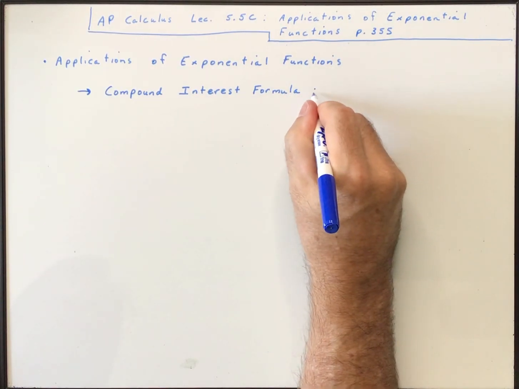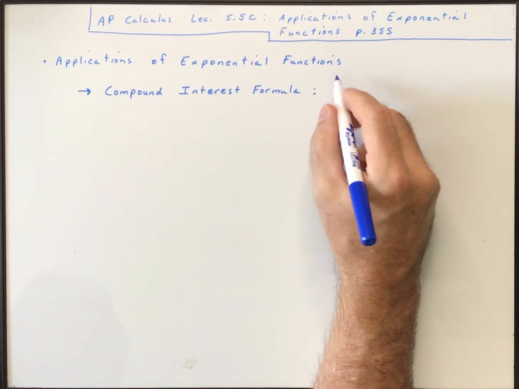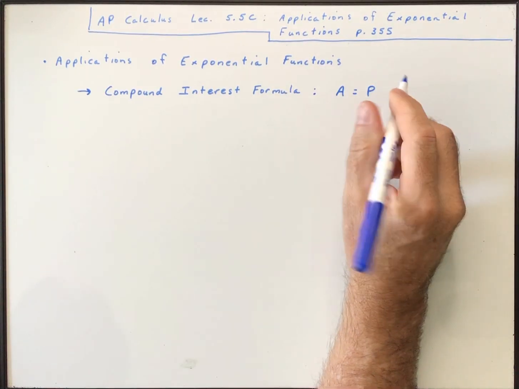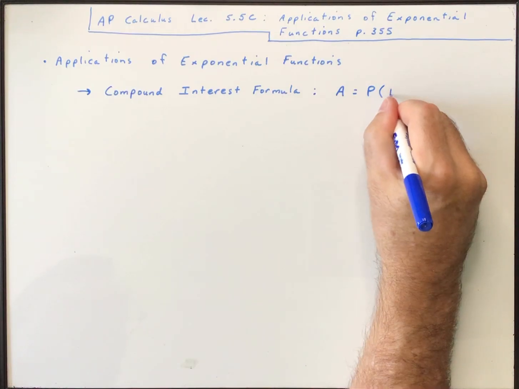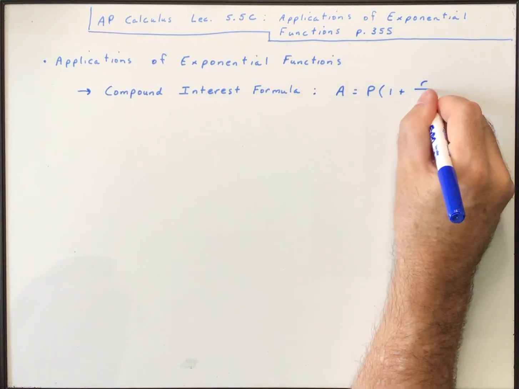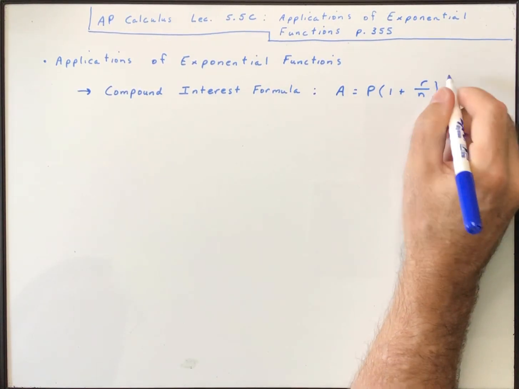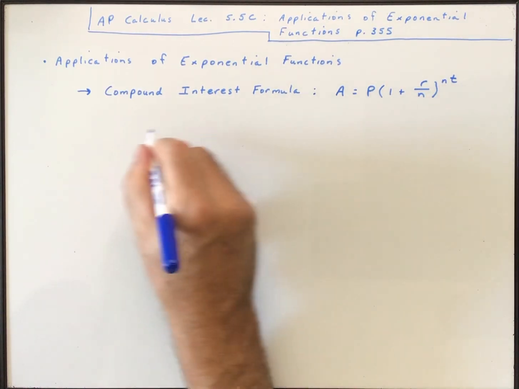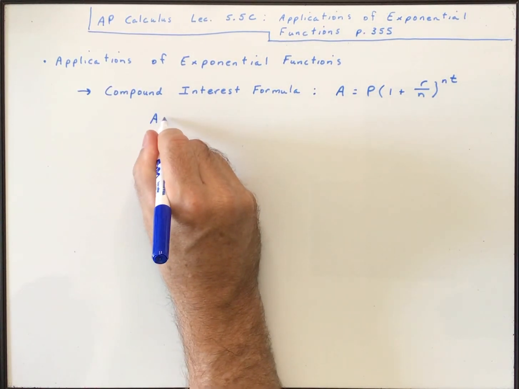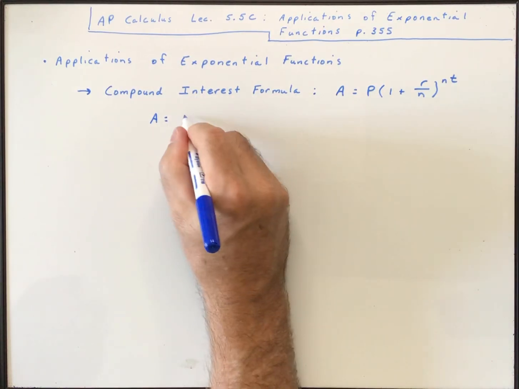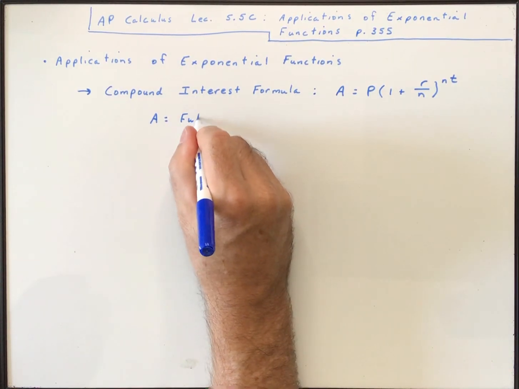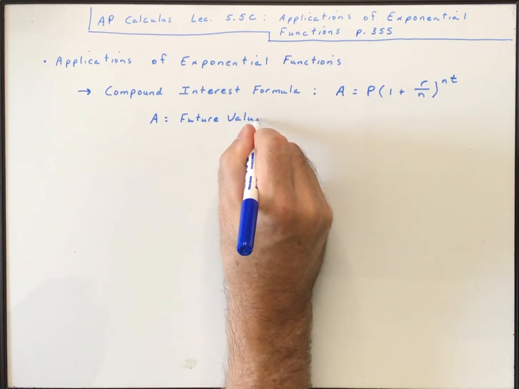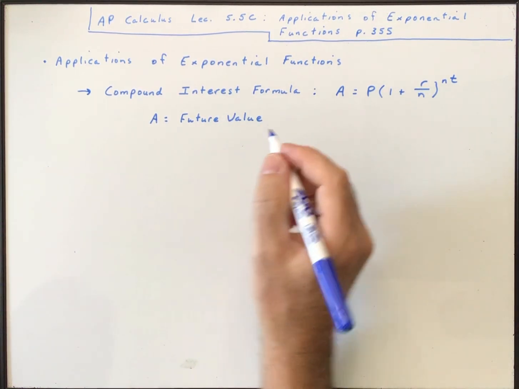You have to memorize this formula, but it is A is equal to P times 1 plus R over N to the N times T. So to define these variables, A is equal to the future value, probably stands for accumulated value, but it's the future value.